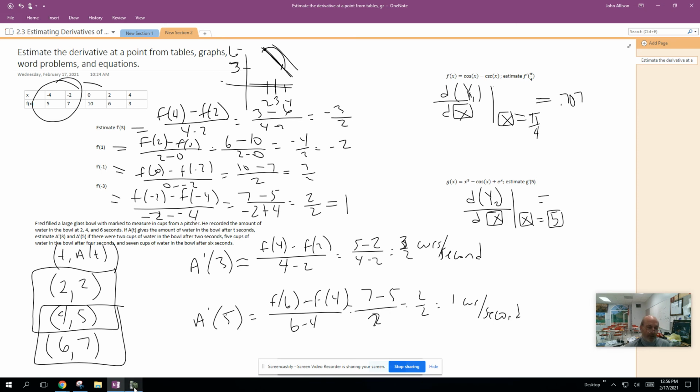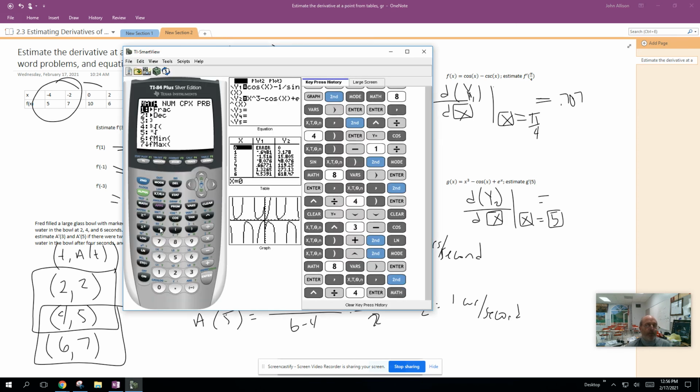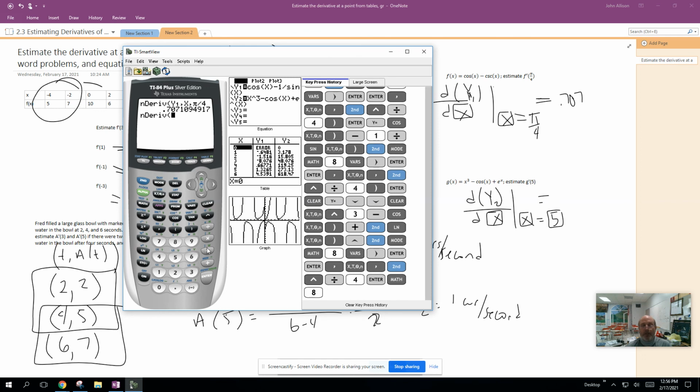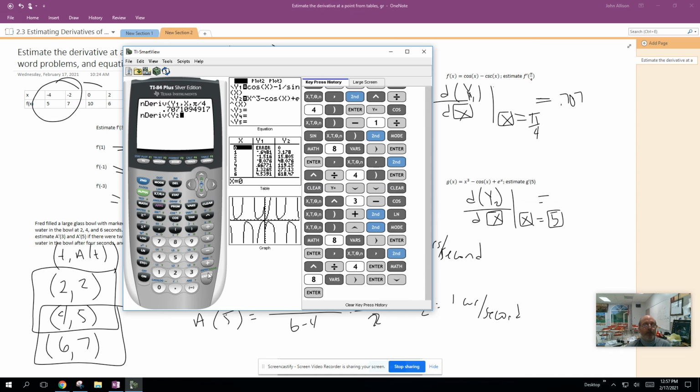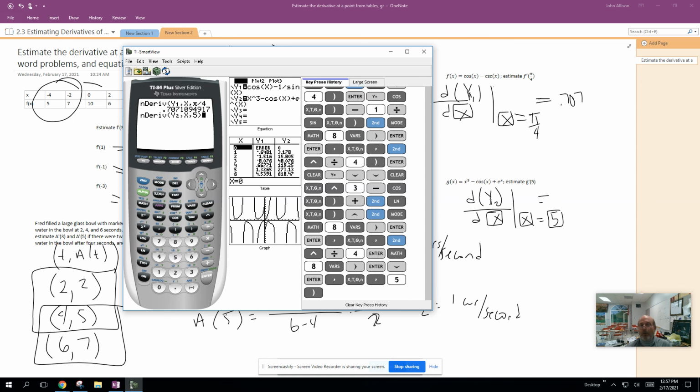I have the old operating system, so I'm going to do math 8. I've got to type in the function first in mine, which is y2, and then the variable that I differentiate with respect to is x, and then the x value I want to take the derivative at. That's the equivalent of what we did here in your new operating system.